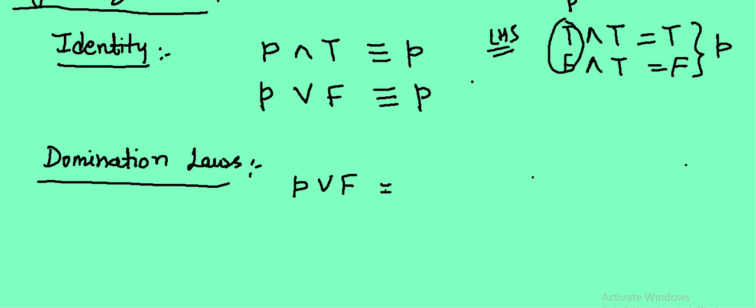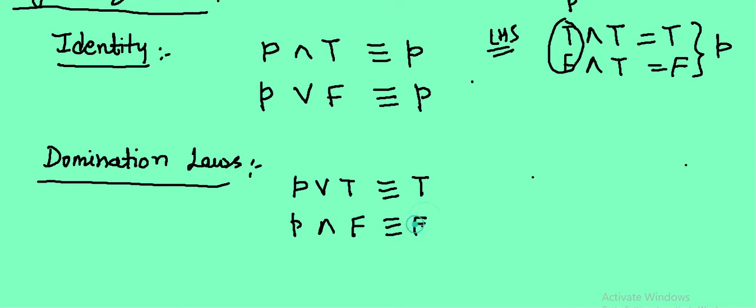Sorry for that, let me read this again. So P or true will be true, right? And P and F will be false.